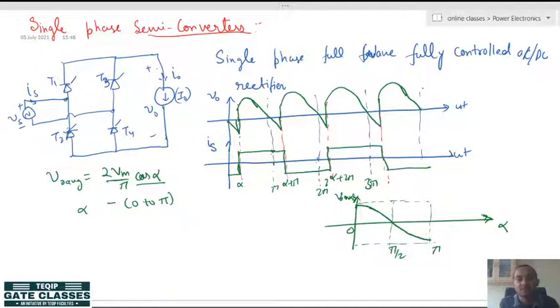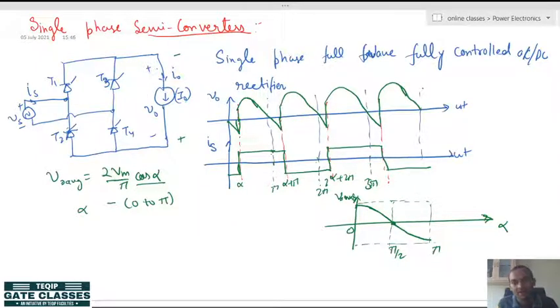It means that at alpha equal to pi by 2, the average output voltage is going to be 0, and after pi by 2, the net average output voltage will be negative. Instead of these polarities, it will give you these polarities at the output.